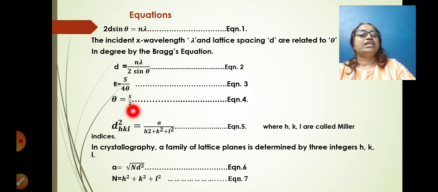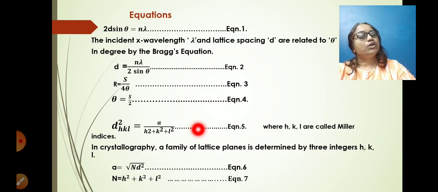Now theta is equal to s by 2r, and d square hkl. hkl are called the Miller indices, a family of lattice planes determined by the three terms h, k, l. d hkl is the spacing between two planes. Here d square hkl is equal to a square divided by h square plus k square plus l square, where a is called the lattice constant, which is the unit cell dimension.